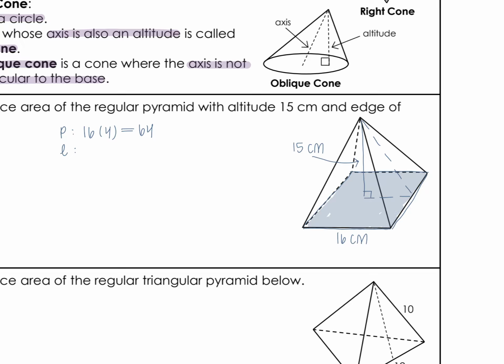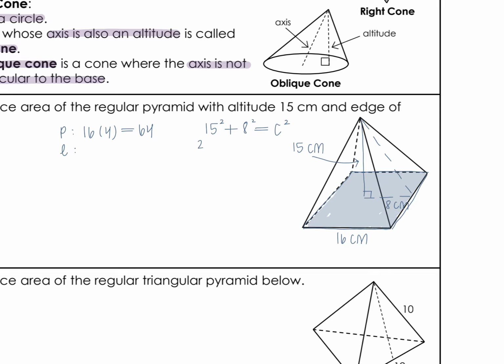Okay, so here I've got that the altitude is 15 centimeters. The whole edge of my base is 16, but that altitude should go through the middle. And so I know that the base of my right triangle here is going to be 8 centimeters, half of that 16. So I'll use those as my A and my B in Pythagorean theorem to find my C, my slant height.